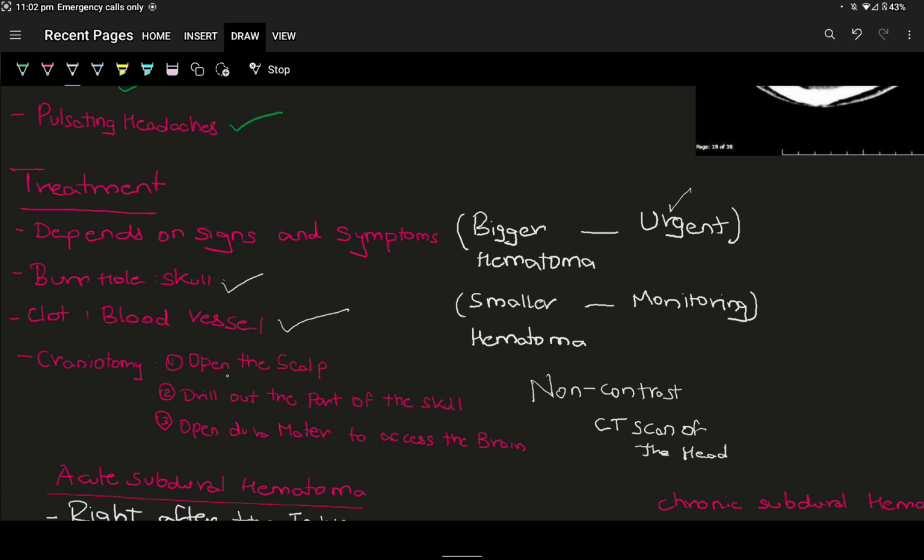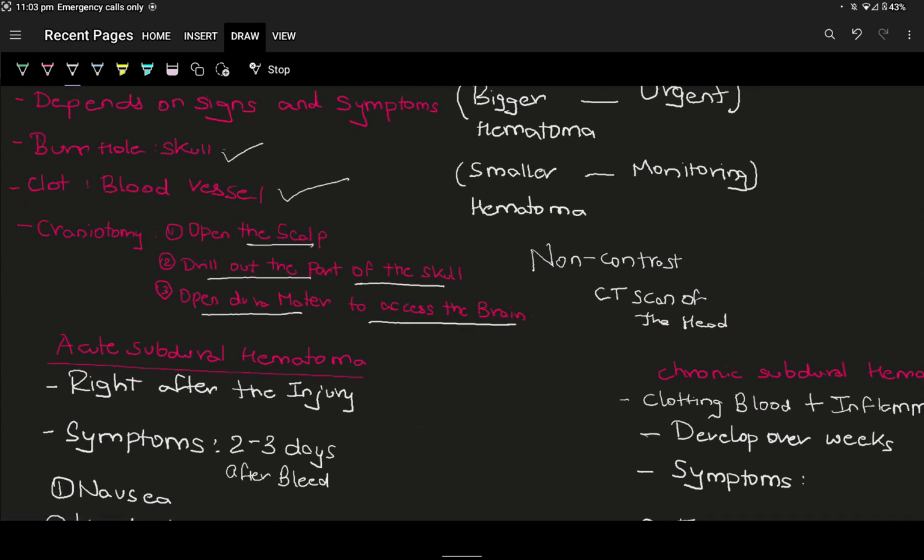We will shave the part, removing the hair, make the location sterile, and will open the scalp, drill out the part of the skull, open the dura mater to access the brain, and aspirate the hematoma which is present. So that will be the basic idea about the treatment options which we have for subdural hematoma.